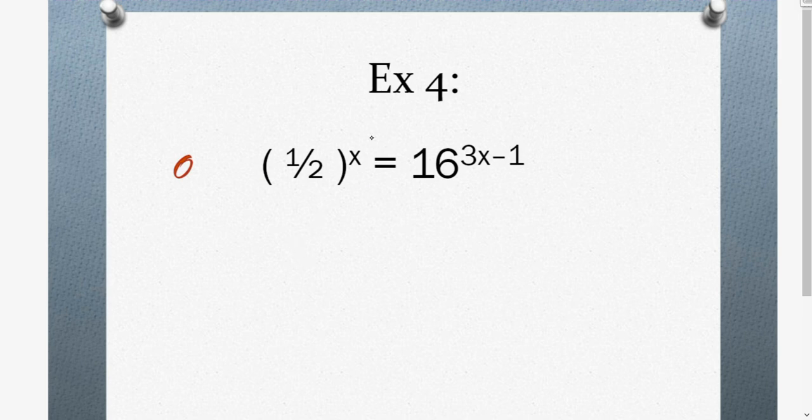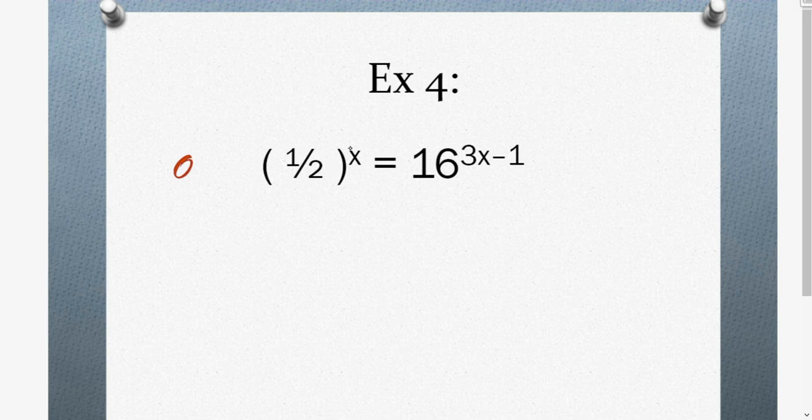Okay, so in example 4, we have 1/2 raised to the x equals 16 raised to the 3x minus 1. First thing I want you to do when you see a fraction, don't leave it as a fraction. Make it a negative exponent. Fractions suck to deal with.